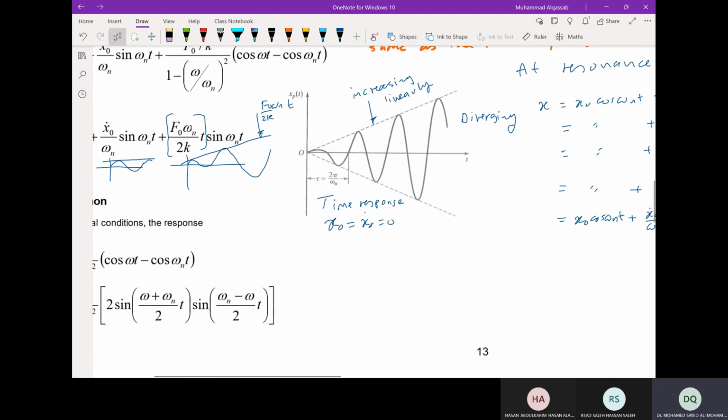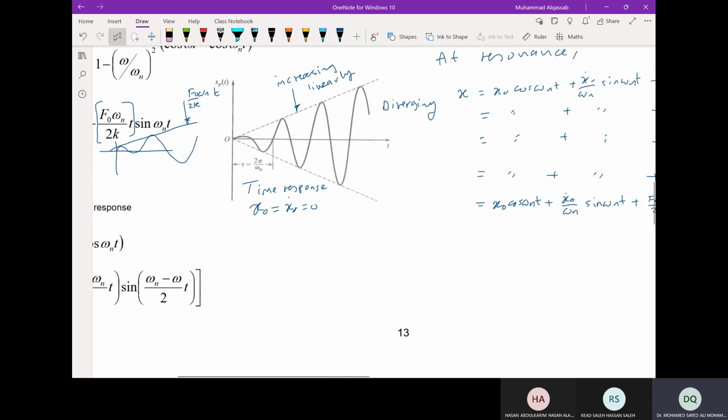And of course, there is no spring that can handle this magnitude of displacement. It's going to break at some point. Okay, so you can make a plot for an interval of time. You will see that the amplitude is increasing linearly, but when the spring is going to break is something else.